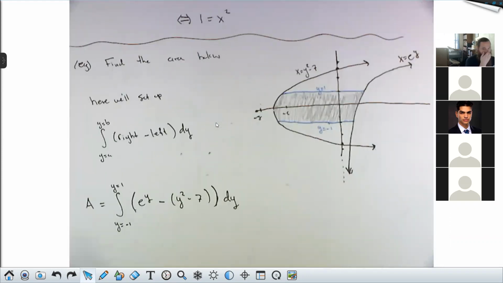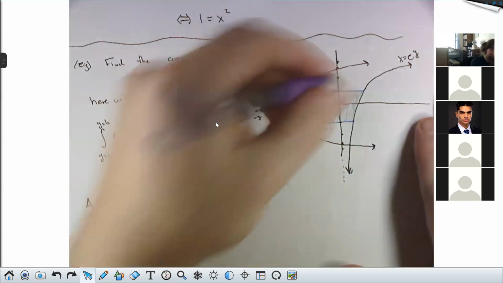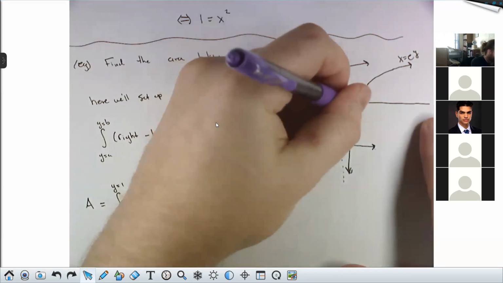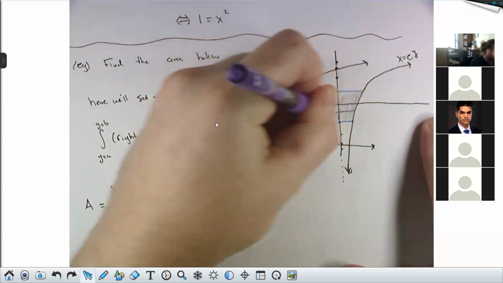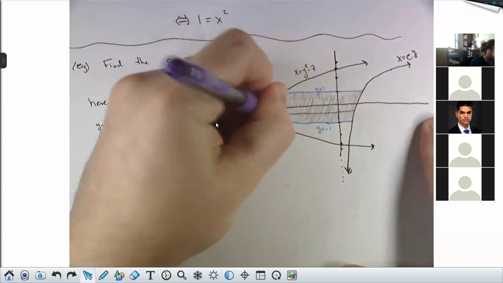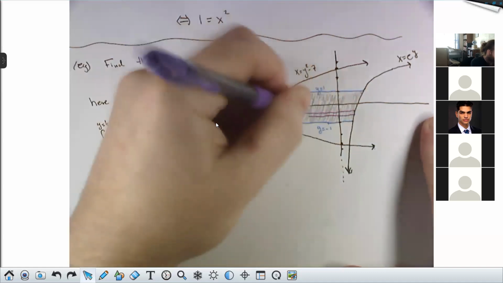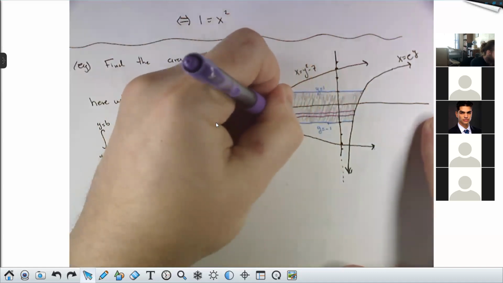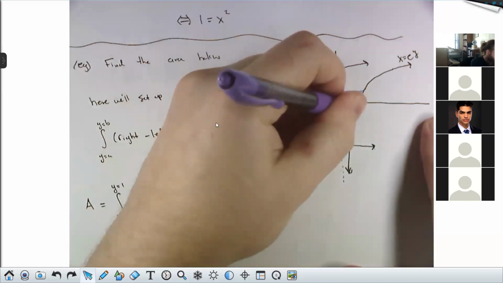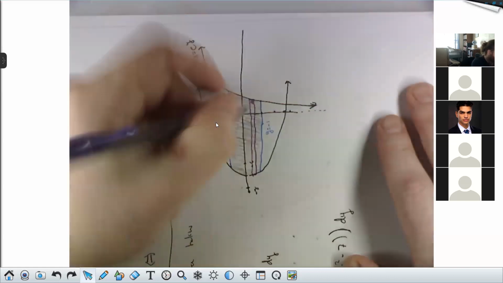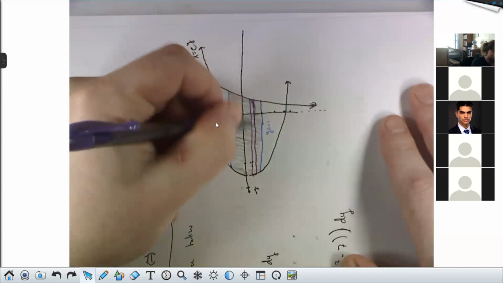The problems in the homework will often ask you to draw in a little representative strip, like a tiny little Riemann rectangle. And here that would look like this guy. And you think of this area as being filled up by a bunch of tiny little rectangles like this.